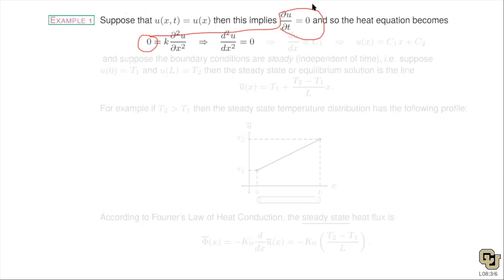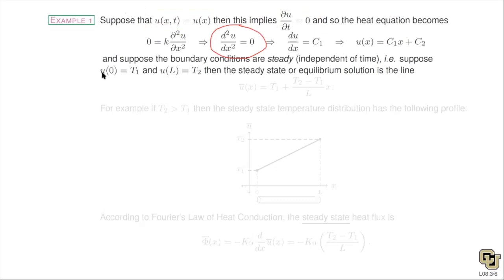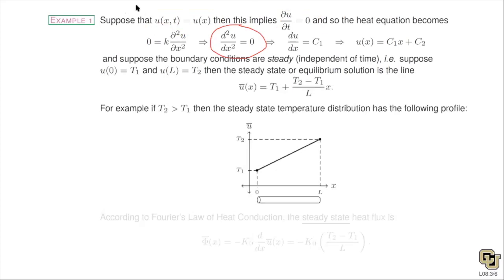And then our PDE becomes a DE, a differential equation, and integrating twice, I can find the answer. Then if we assume some boundary conditions, we can solve for the constants and come up with a solution for the steady state or equilibrium solution of the system. So this is what we expect when t goes to infinity. We expect this to be the limiting function of U of x, t, the solution to the heat equation.